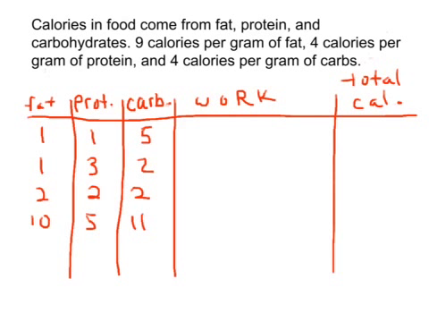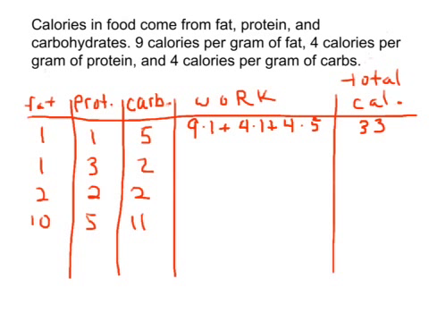So if this small piece of food has a gram of fat, a gram of protein, and 5 grams of carbs, it works out like this. 9 times 1 plus 4 times 1 plus 4 times 5. The question is, what is that total? So that's 9 and 4 is 13, and 20 would be 33 calories total.